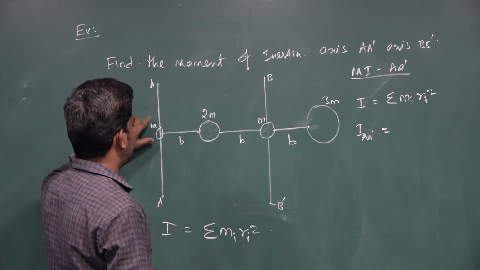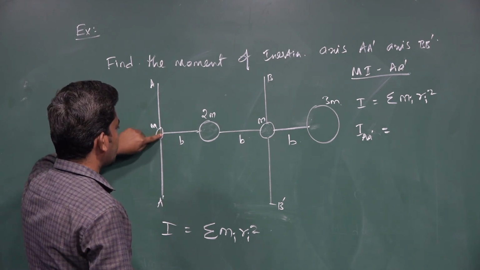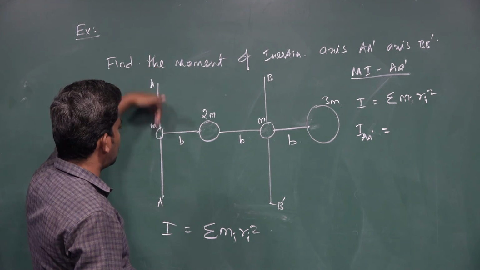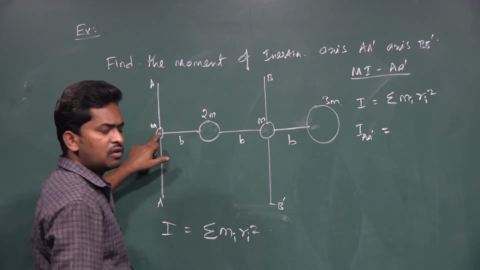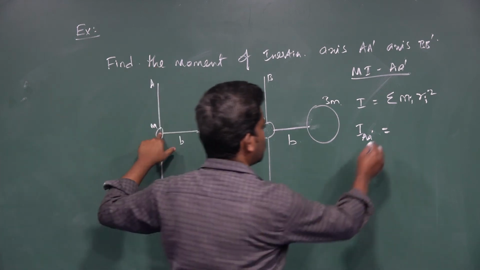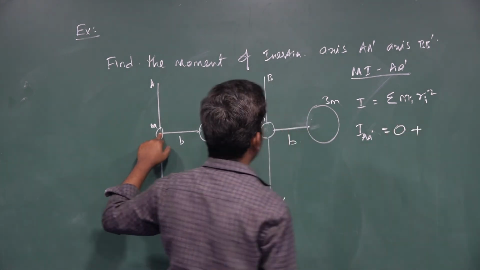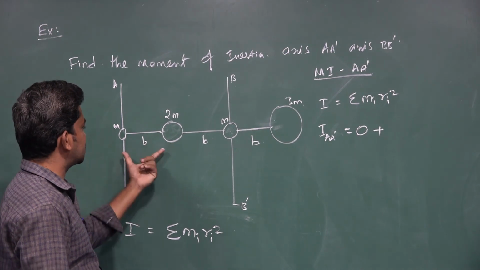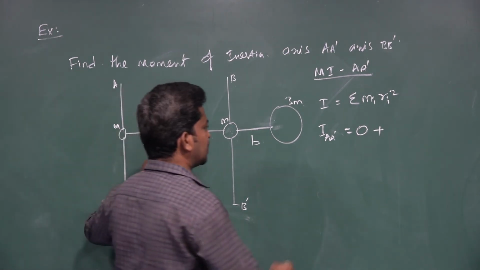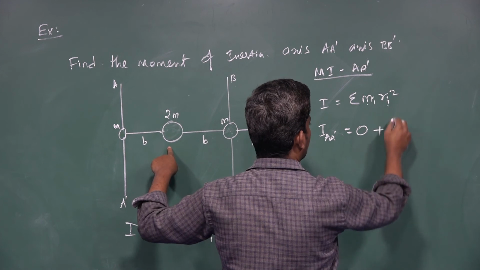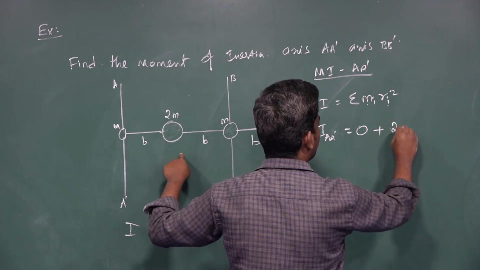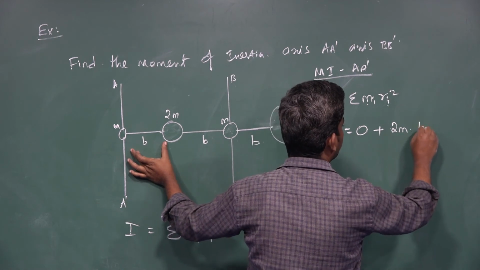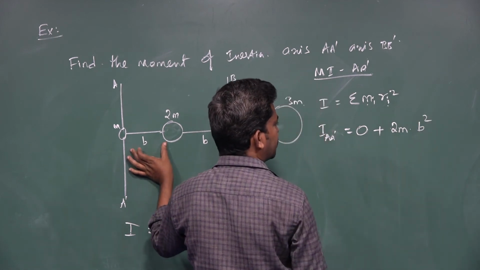The first point mass is m, but the r value is 0, since the axis passes through the point mass. So the first term is 0. Plus the second one, the point mass is 2m at distance b, so 2m b square.